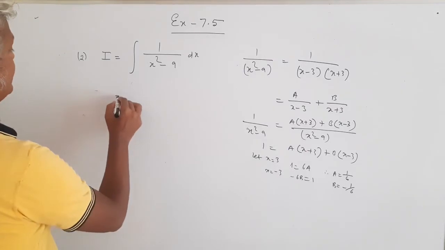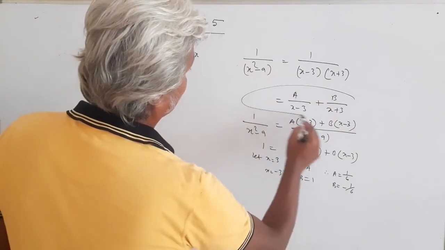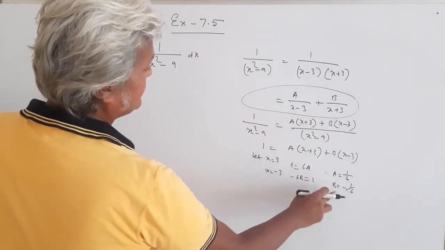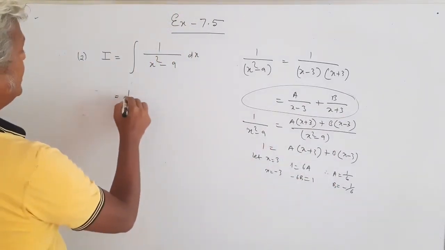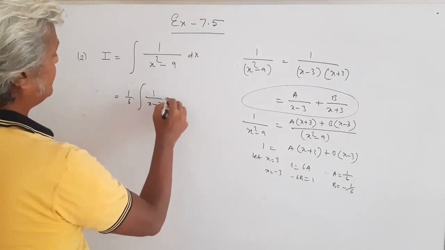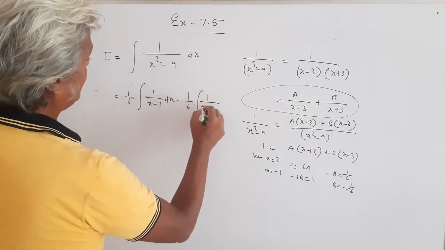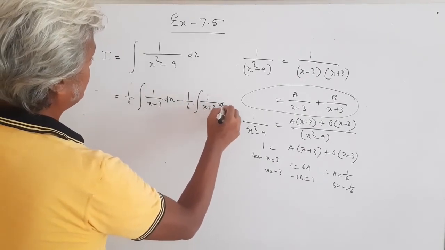So now I will integrate this part, where a is 1 over 6. So 1 over 6 integration 1 over x minus 3 dx minus 1 over 6 integration 1 over x plus 3 dx.